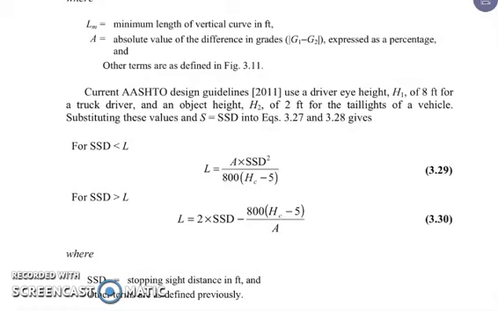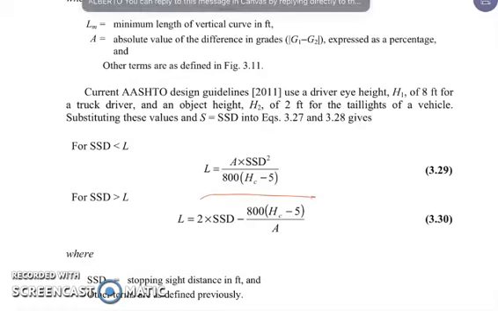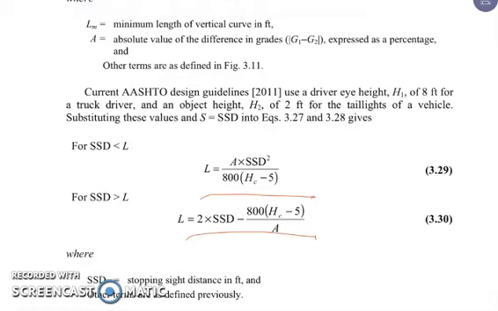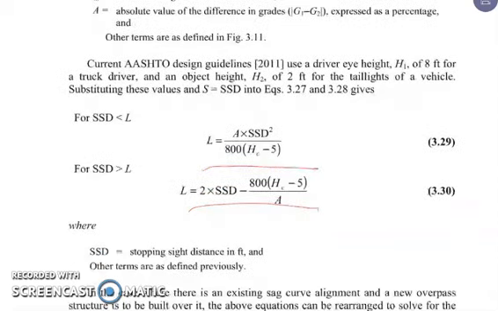If we substitute the value for S, which is equal to SSD, when SSD is less than L, we have this equation for L. When SSD is greater than L, we have our equation for the length of the curve. Of course, SSD is the stopping sight distance.